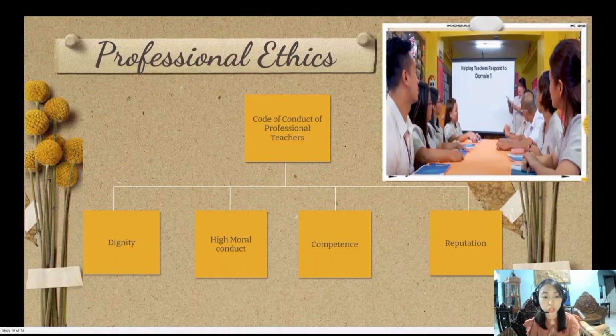Next is reputation. So, reputation is very essential to us. We should protect it and we should maintain it as a person who has dignity, high moral conduct, competent, and professional.